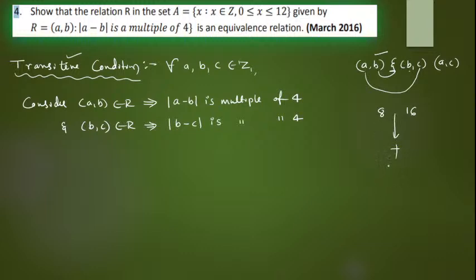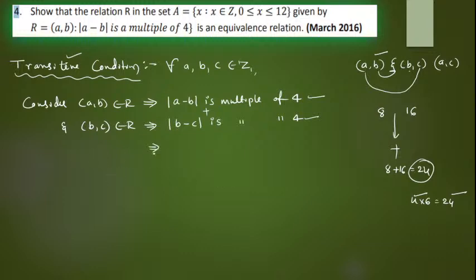So 8 plus 16, that is 24, is also a multiple of 4, that is 4 sixes, 24. Definitely 24 is also a multiple of 4. This implies A minus B is a multiple of 4, B minus C is a multiple of 4, then their addition is also a multiple of 4.